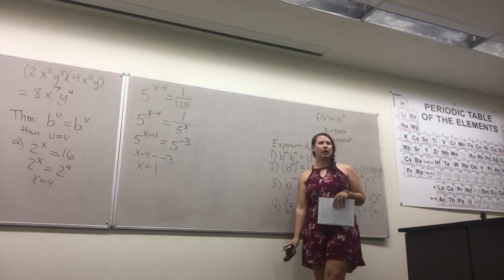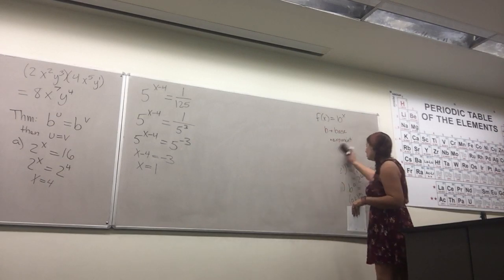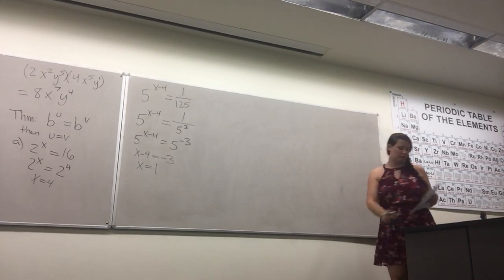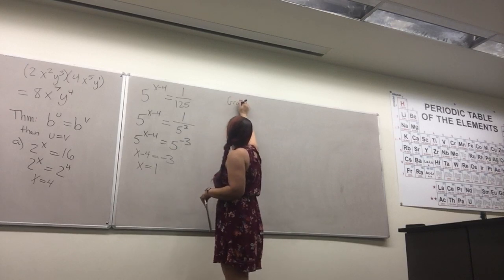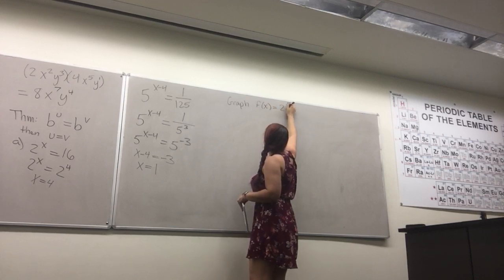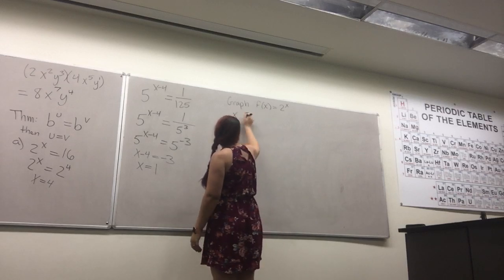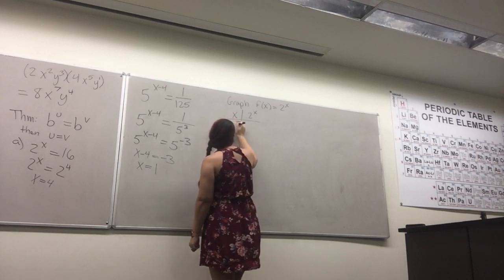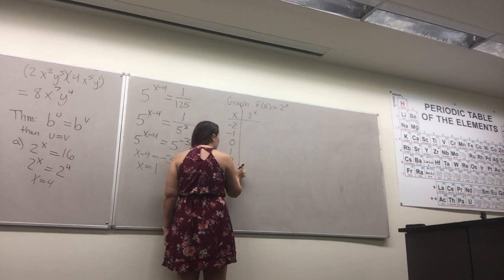Okay. So, now we're going to introduce the exponential function as a graph. So, what we want to do is graph f of x equals 2 to the x. So what we'll do is just write out some values. So let's plug in our normals, -2, -1, 0, 1, and 2.